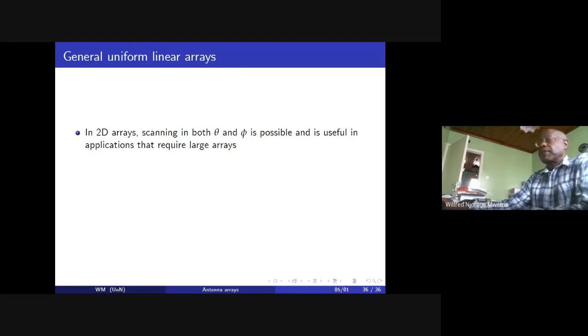But with electronic scanning, all you have to do is change the phases, and the beam will be shifted in the direction in which it's pointing at the sky.